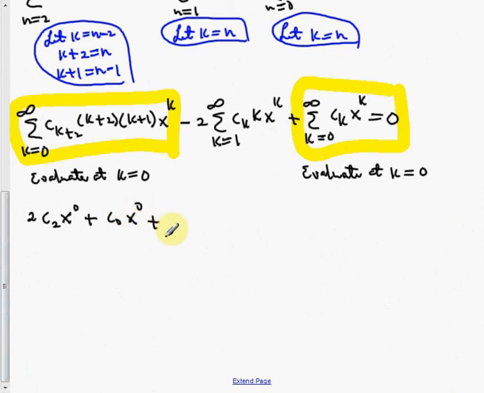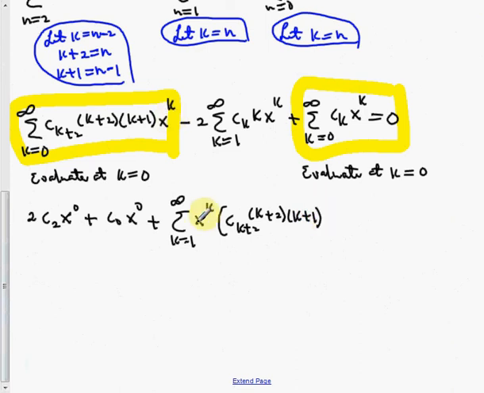Now this is all plus the summation as k now goes from 1 to infinity, because we evaluated the first and the last summation at k equal to 0. Since they're all starting at k equal to 1, I can go ahead and factor out that x to the k. I have brackets: c sub k plus 2 times k plus 2 times k plus 1.